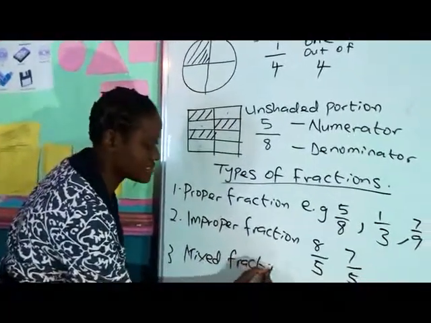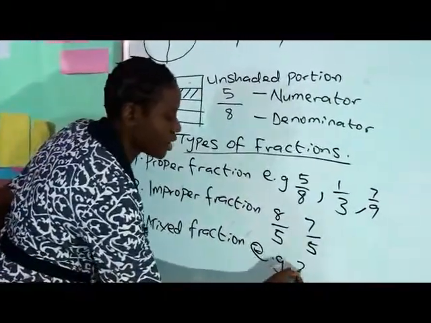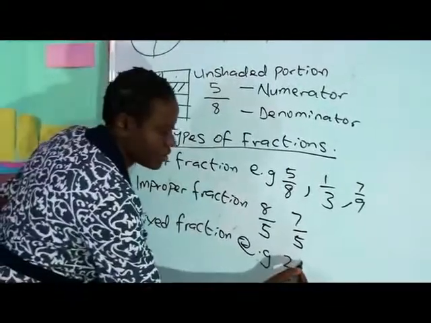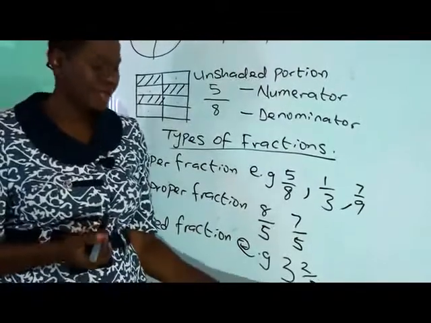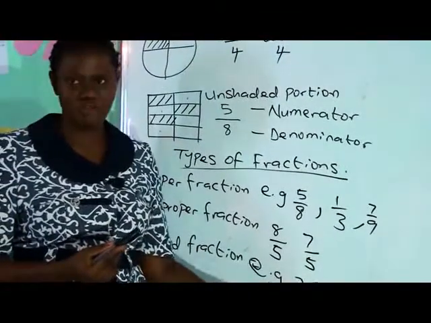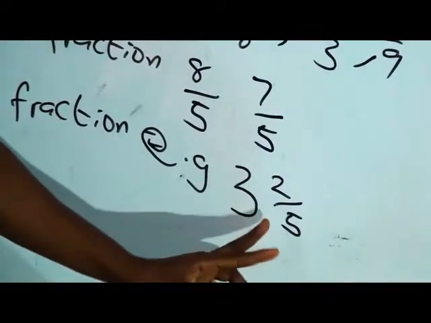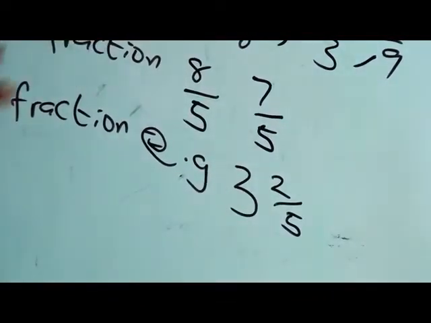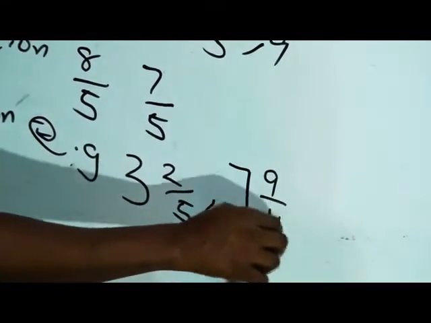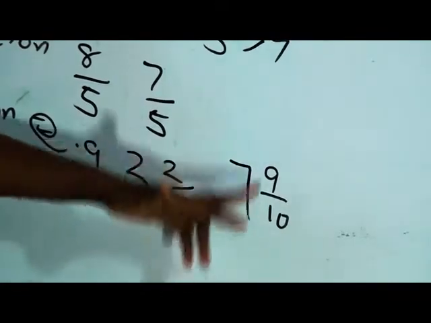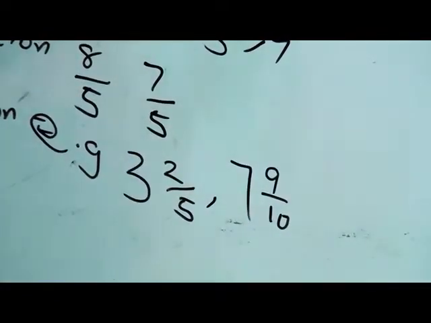For instance, 3 whole number 2/5. The 3 is a whole number. The 2/5 is a proper fraction. Another example, we could have 7 whole number 9/10. 9/10 is a proper fraction. 7 is a whole number.